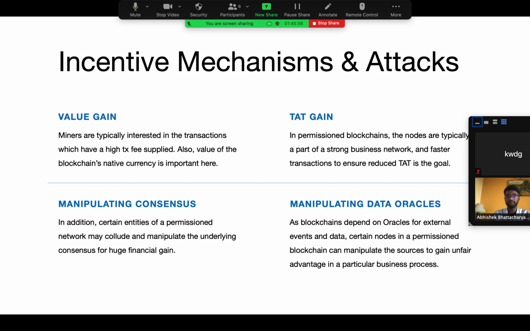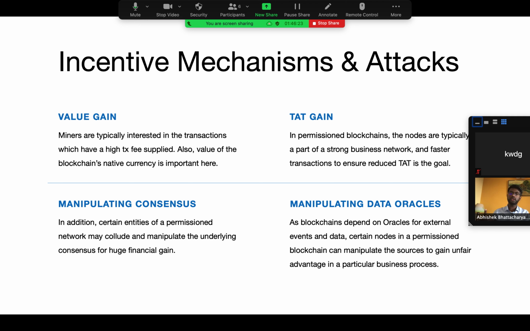Also, from the memory pool of transactions, miners usually order them in a fashion which gives the most transaction fee. Any transaction fee associated with a transaction is totally pocketed by the miner. So that is the value gain you get out of a public blockchain.